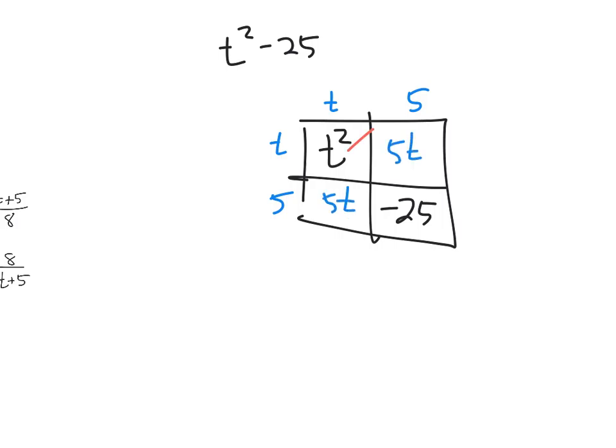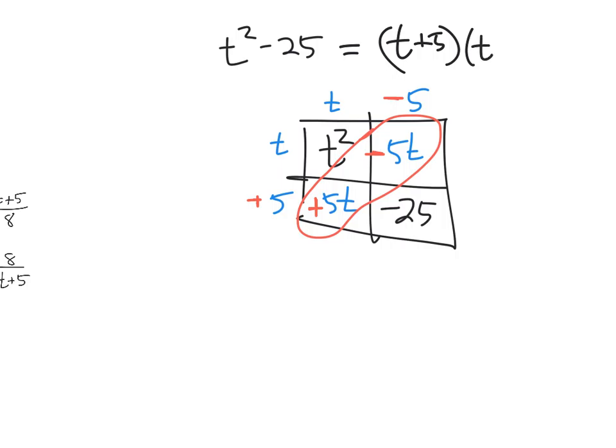But these two internal terms have to cancel out because we don't have them in our original expression. So that makes this one a negative 5t, which makes that a negative 5, and makes this a positive 5t, and makes this a positive 5. So this really ends up being t plus 5 times t minus 5.